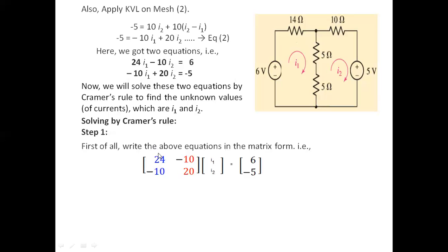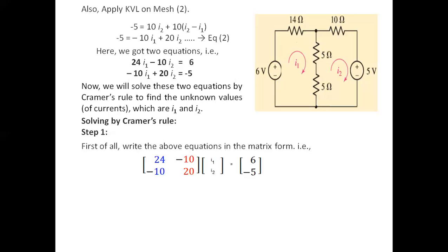Just remove this one and keep these values here and find the determinant; that is delta 1. Similarly, if you want I2, remove these values, again keep these values here, and find the determinant. So we'll get delta 1 and delta 2.